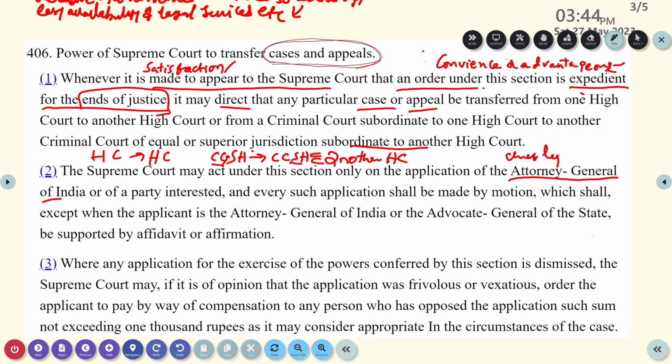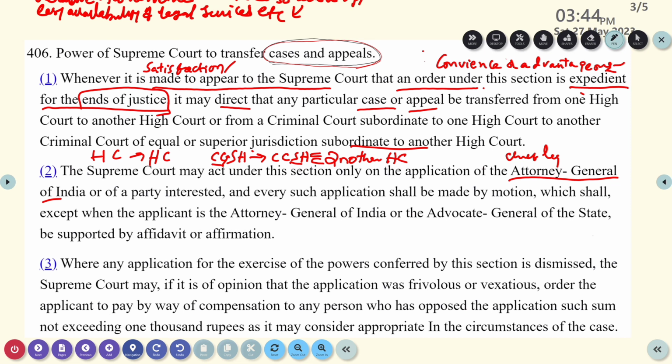So he can move this application. Why? Because this is a criminal matter, and public interest of justice is important. The state is responsible for the implementation and administration of criminal justice. So for that, the Attorney General has been given the role.